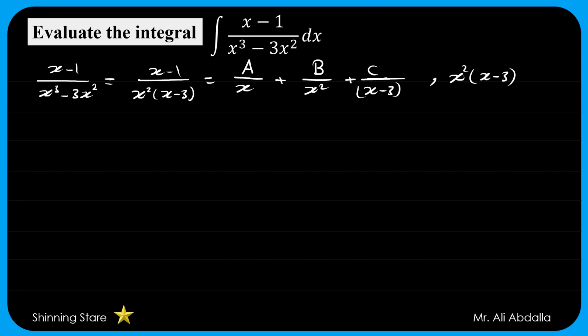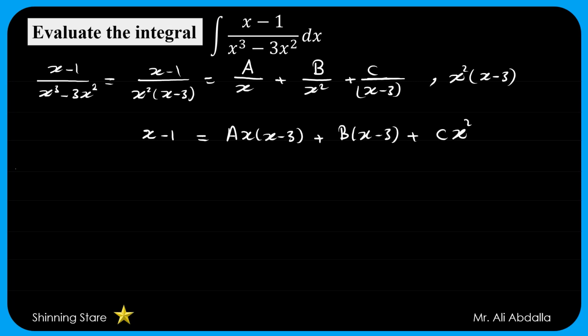on both sides, and we get x minus 1 equals ax times (x minus 3) plus b times (x minus 3) plus c x squared. Then we can use the zeros of our denominator to find the values of a, b and c.